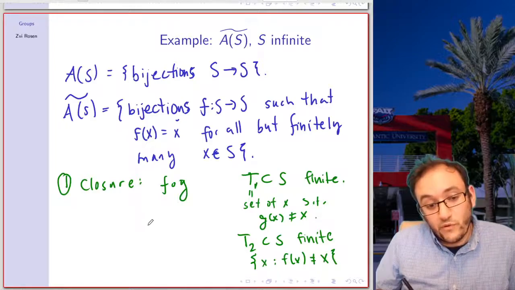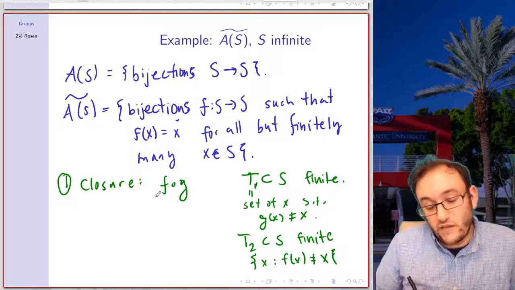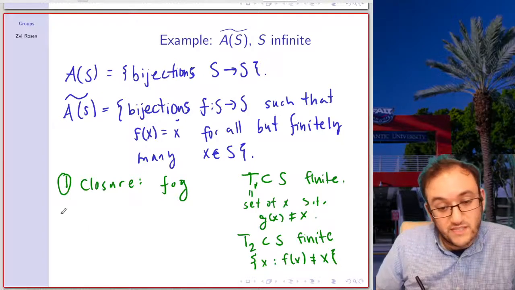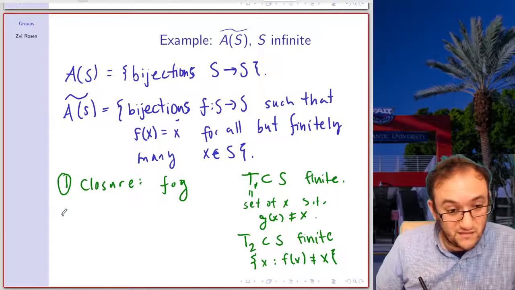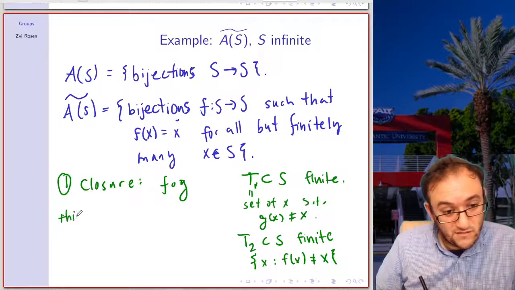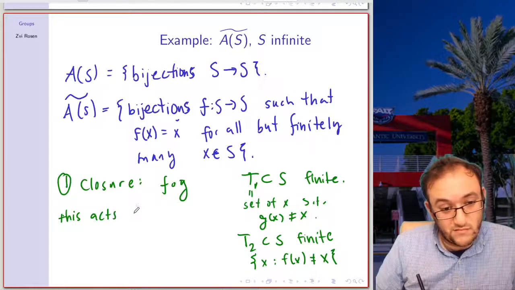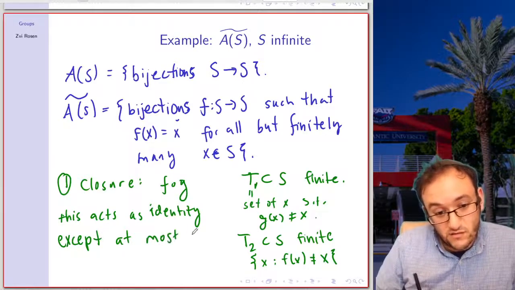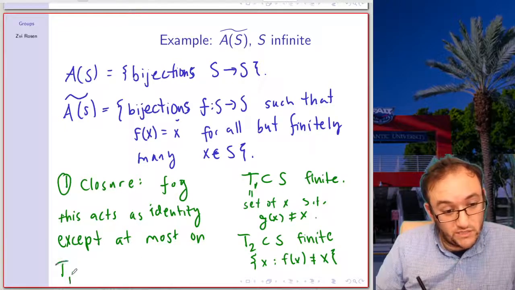Well then, F composed with G, so when you do G and then you do F, this is the identity except at most on T1 union T2, right?